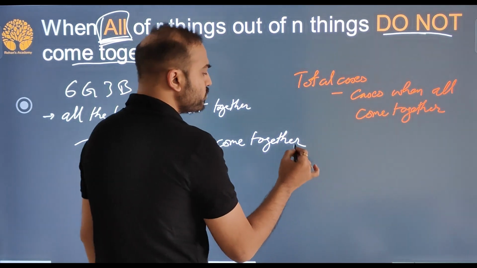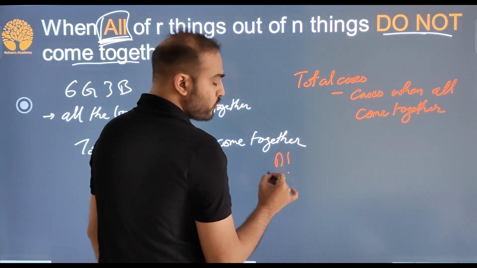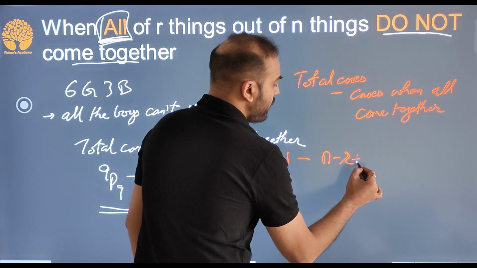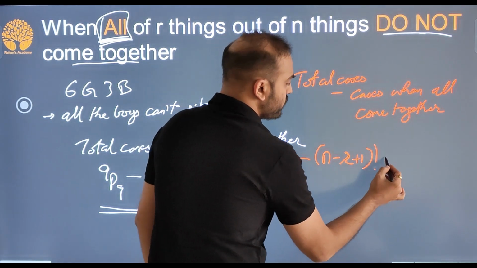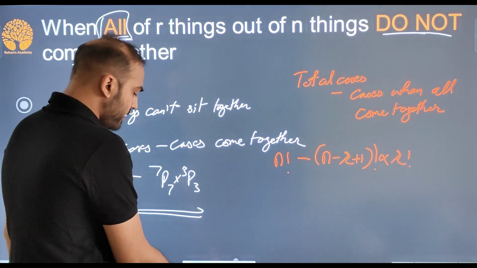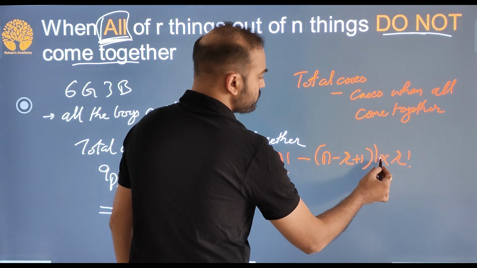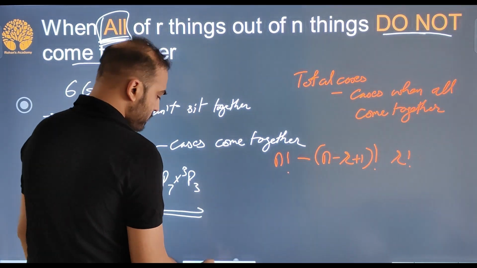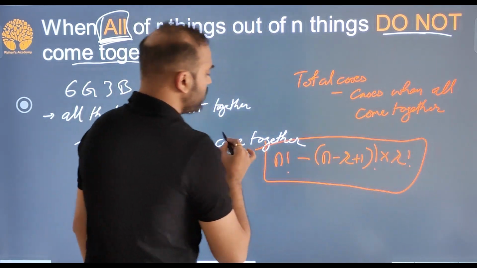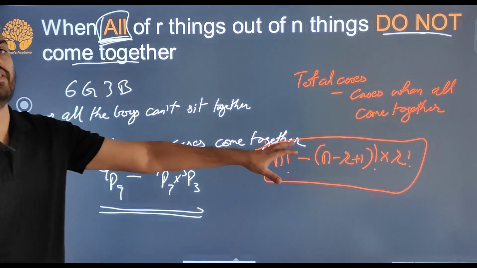If you're looking for a formula, that is n factorial, which is for total cases, minus n minus r plus 1 factorial times r factorial. This is for cases when they come together. Total minus cases when they come together.